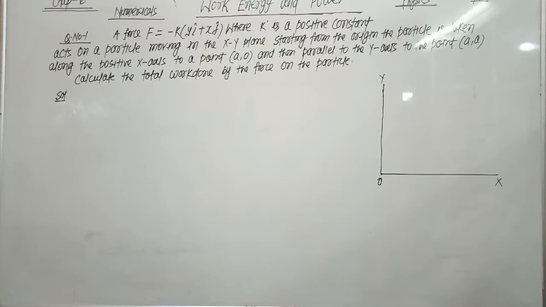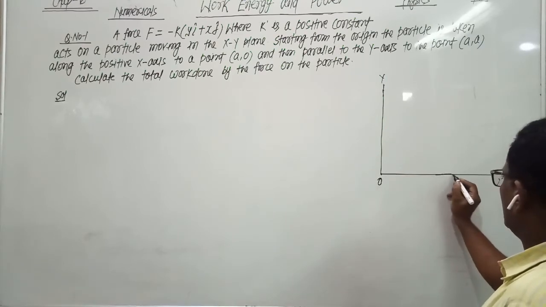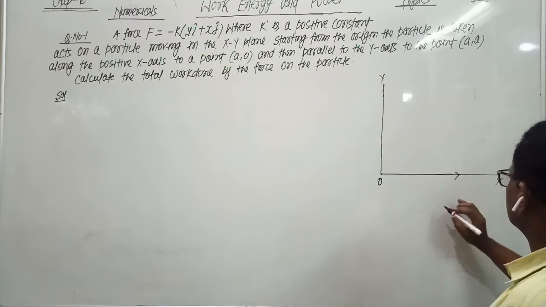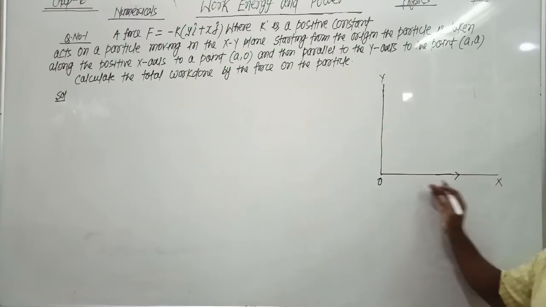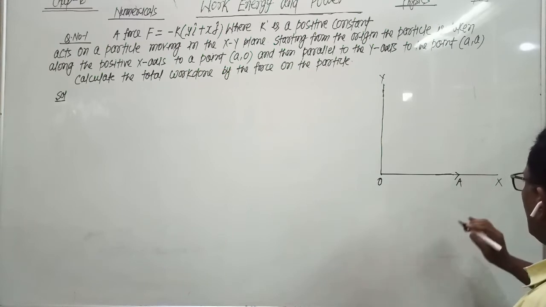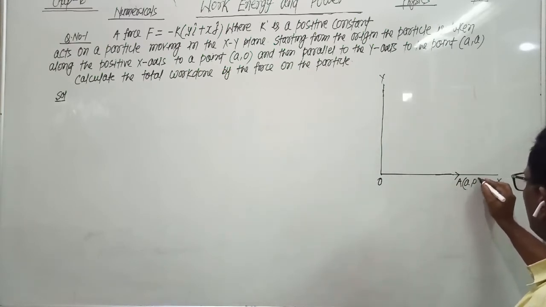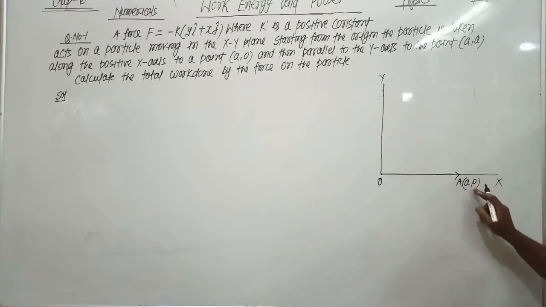The particle is taken along the positive x-axis to a point (a, 0). The particle moves along the positive x-axis and goes to the point A, and the coordinate is (a, 0). The x distance is a and the y distance is 0.